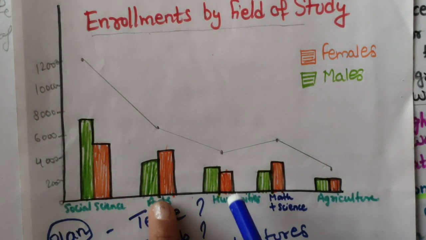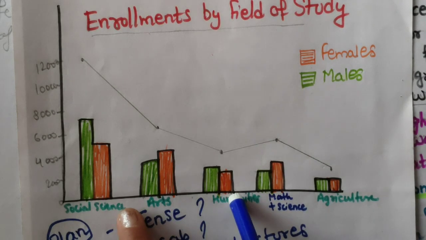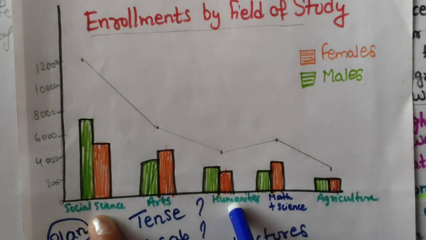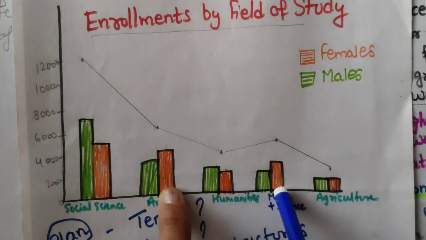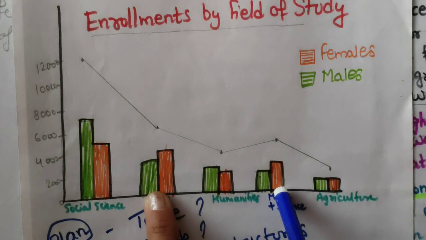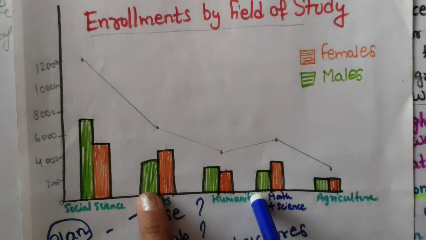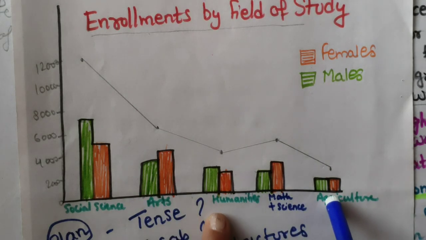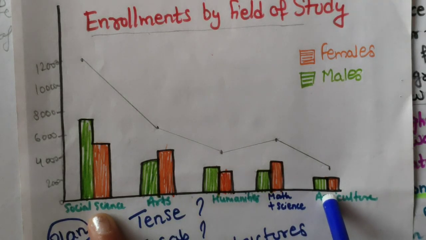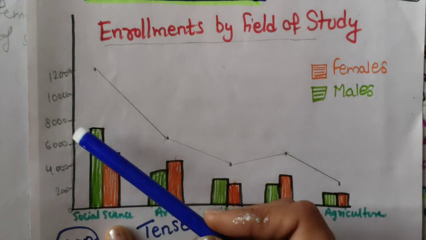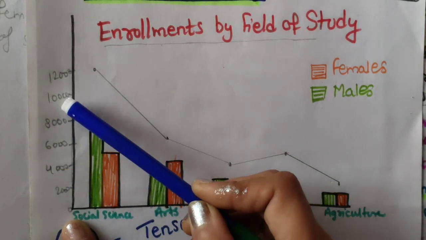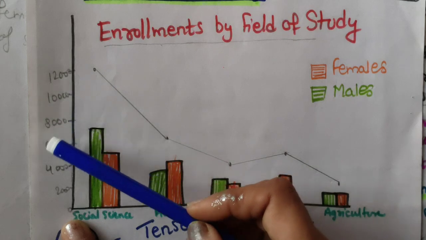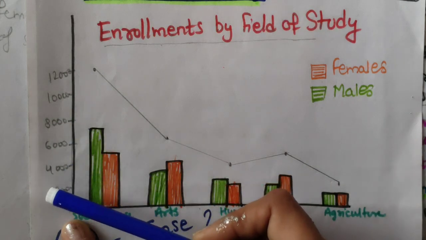Males prefer to study these two subjects as compared to women, and here there are more women students as compared to male students, and here equal numbers of enrollments are there in these subjects. Okay, so here we can see 2000, 4000, 6000, 8000, 10,000 and 12,000. It means counting is in thousands.